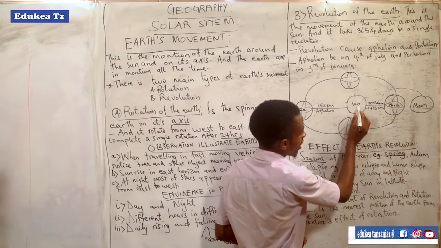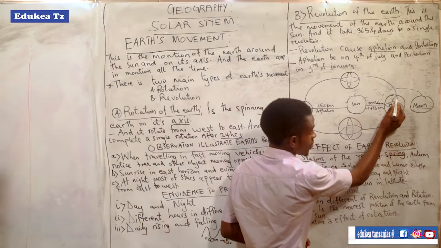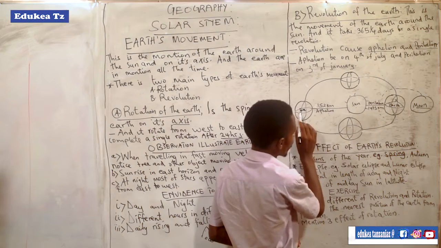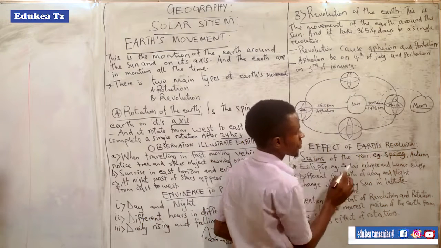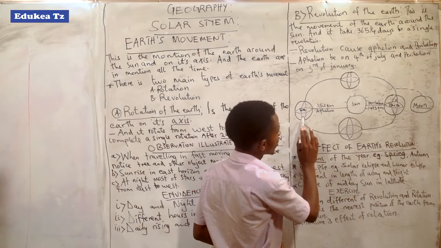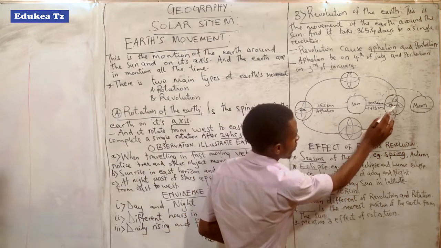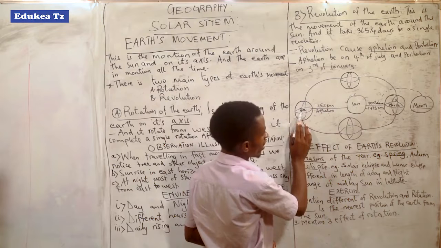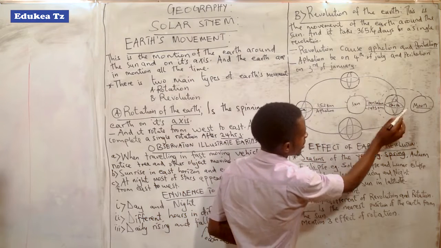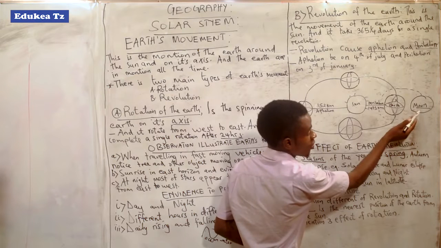When it reaches this point, this is the Earth, this is the sun, and the Earth has moved up to this point. So there is Earth, sun, and the moon. The Earth is moving in this direction. You have to remember that the moon is also in motion.